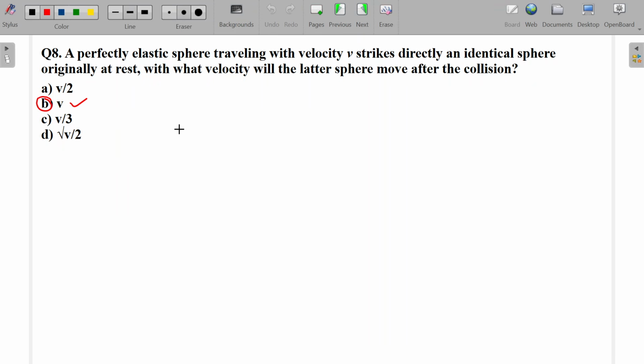So in this case, this sphere is moving, and the two spheres are identical, meaning they have the same mass. When it hits the other sphere, this sphere is going to transfer all its energy to the other sphere.